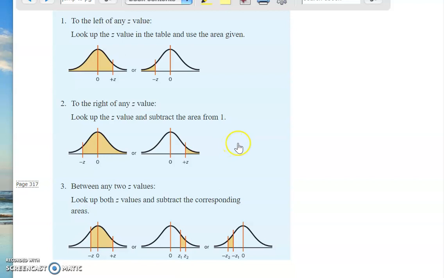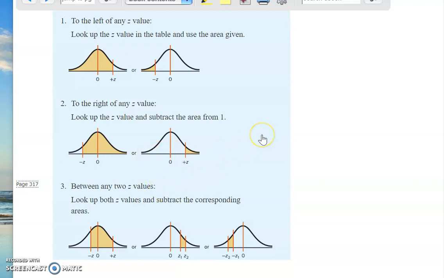Okay? So what you do is the following. Remember up here I said that every z-value gives you the area to the left. So if you want the area to the right, you find the area for that particular z-value to the left, and you subtract it from 1.